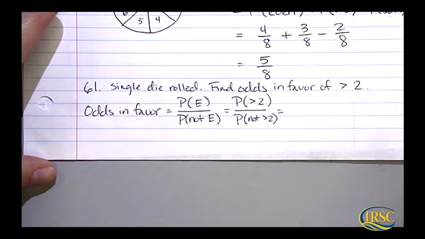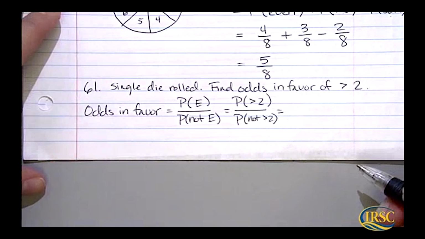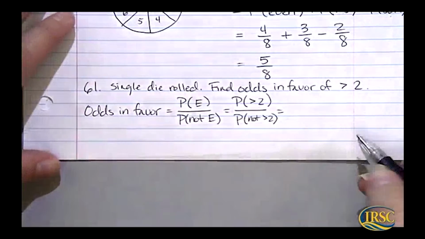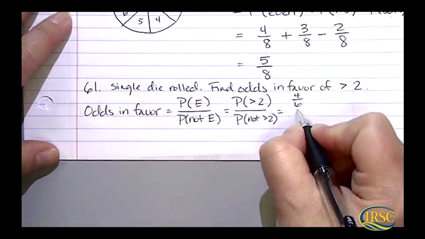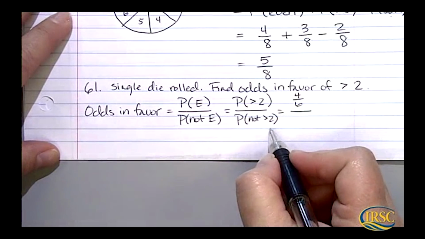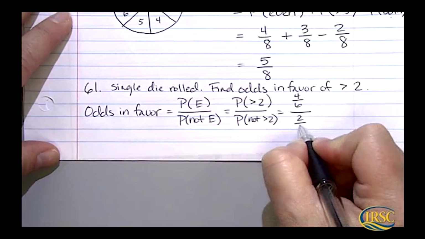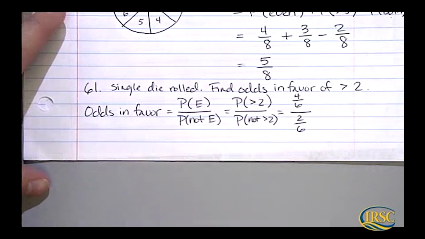All right, so how many numbers are greater than 2 on a single die? 4. So you have 4 over 6 over 2 over 6, okay, because 2 are not greater than 2.